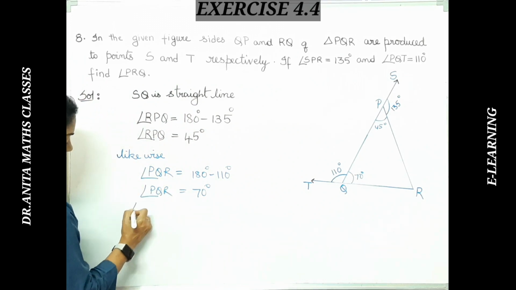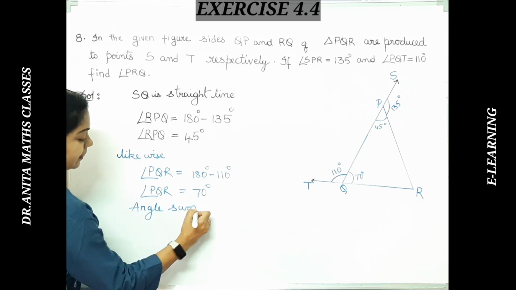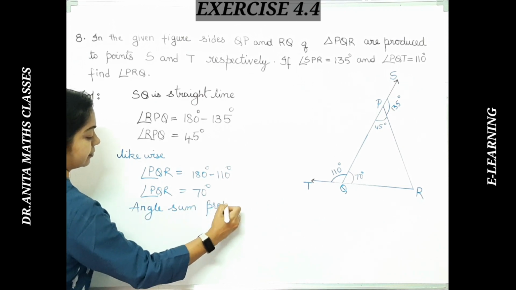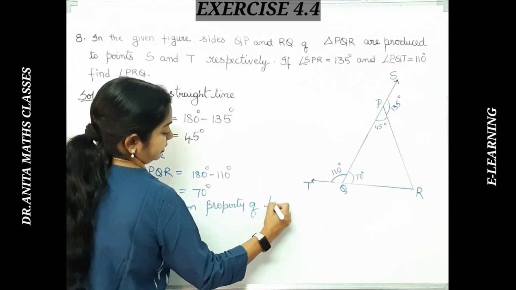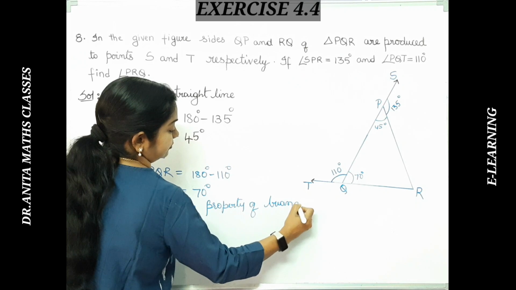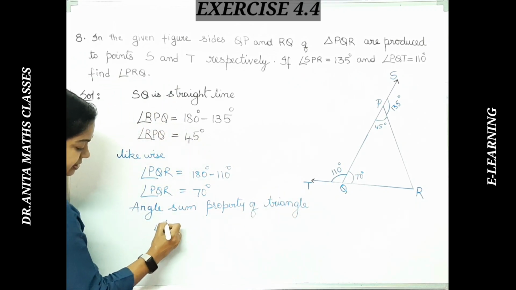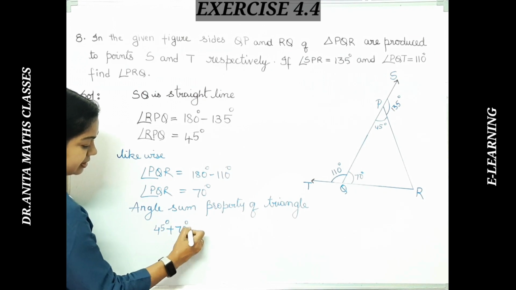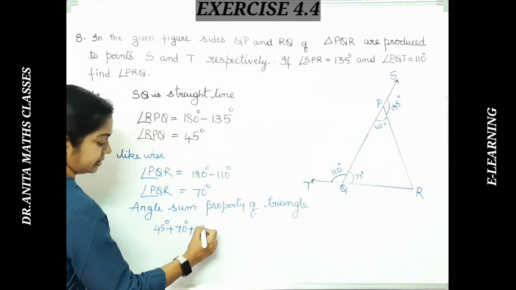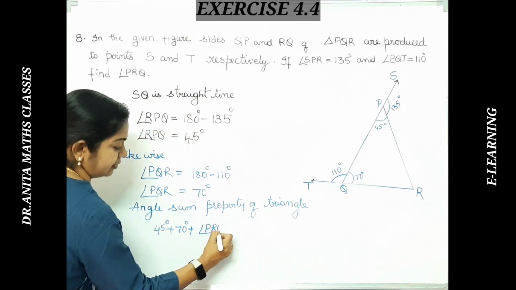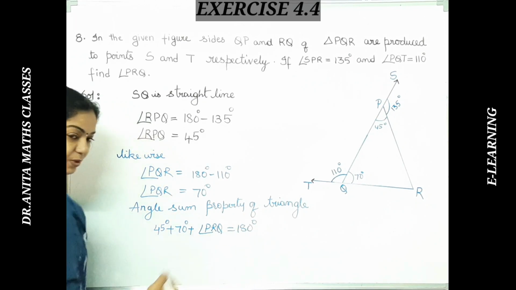According to the angle sum property of triangles, we have 45 degrees plus 70 degrees plus angle PRQ equals 180.